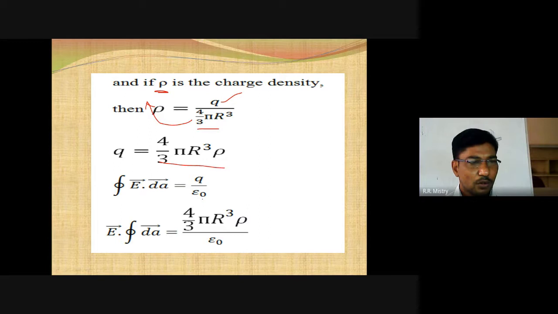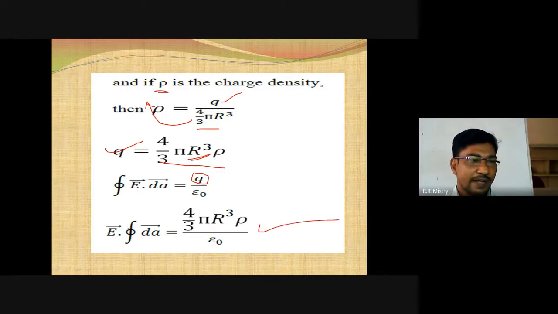Now substitute the value of Q, the total charge: Q is equal to 4 by 3 pi R cube rho. What is capital R? Capital R is the radius of the sphere, because the charge is on the sphere, so we need the radius of the sphere only. Therefore we substitute this value.